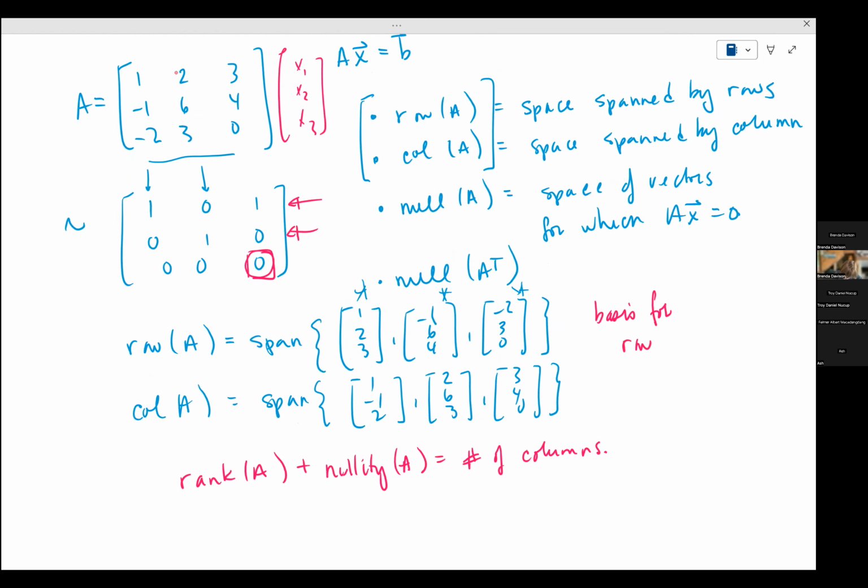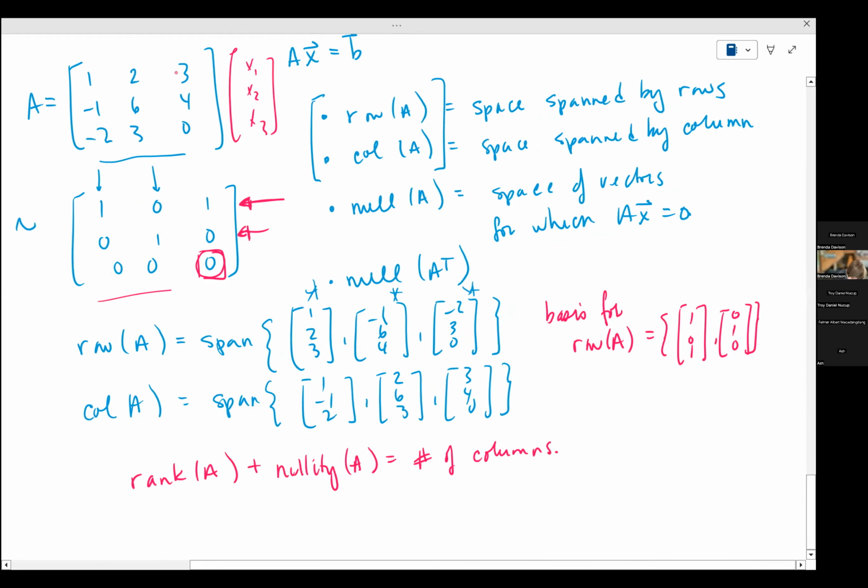The basis for the row space of A is going to be equal to these two here, this 1, 0, 1 and 0, 1, 0. I'm using the rows from the row reduced echelon form.